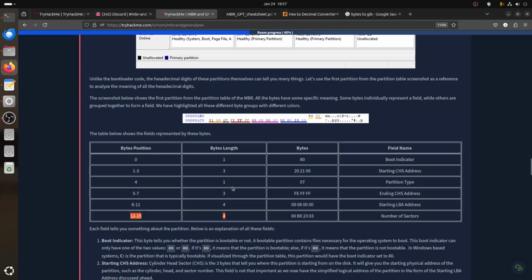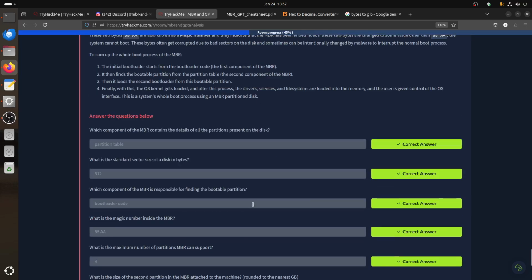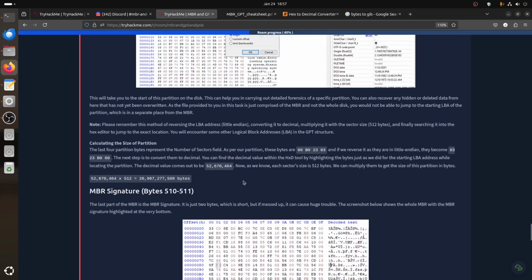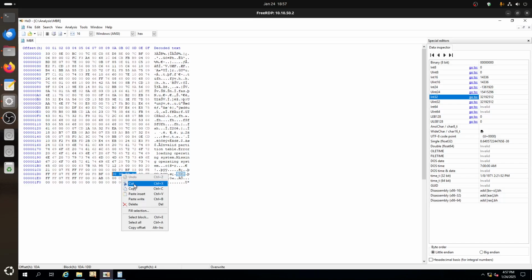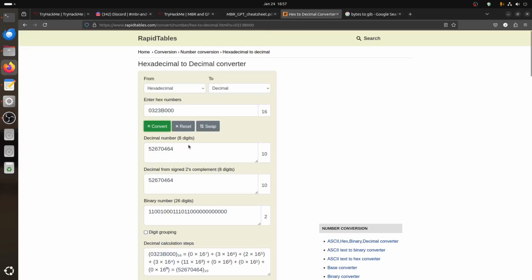The way the question is said, when you look for the size of the partition, it tells you take it, reverse it, convert it. So if I copy now this, it said reverse it, so we can come here, just reverse it.